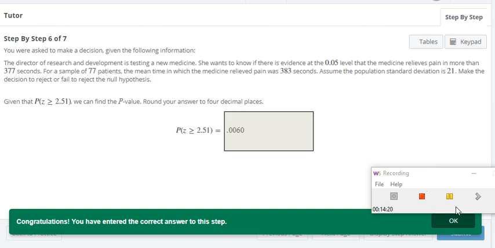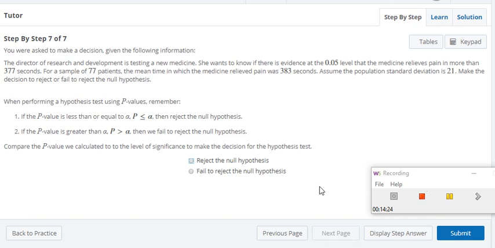So from there, what does that mean for us? Well, that means that we're ready to go ahead and make a decision. And our decision is that this test value that we have, this p-value, is equal to 0.0060.